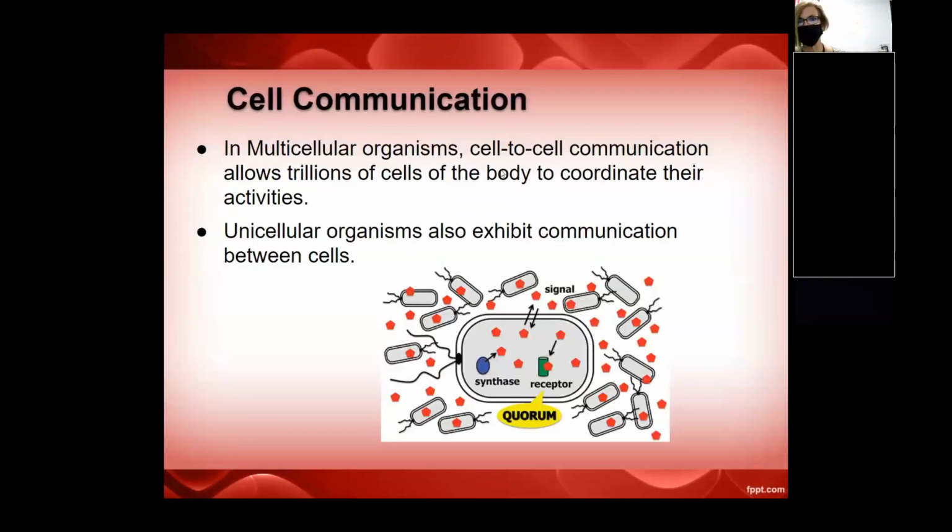So that's a good example of cell communication. That is like a short communication, right? It's cell to cell communication. So that is what allows all of our cells to work in coordination, obviously.